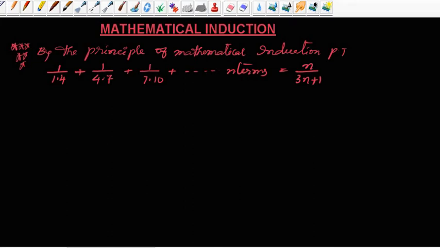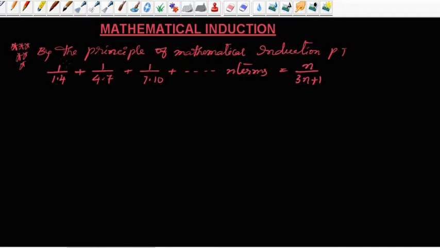So observe that in this problem, on the LHS of the given statement, the nth term is not given. First we need to find the nth term. Observe that each and every term has a numerator and denominator.